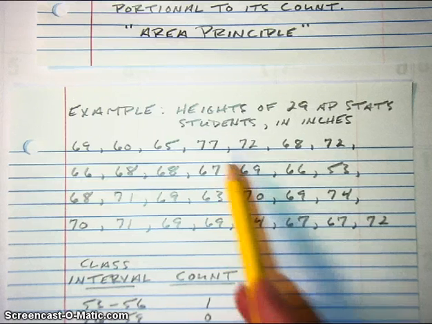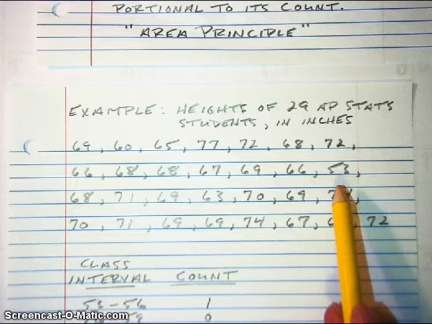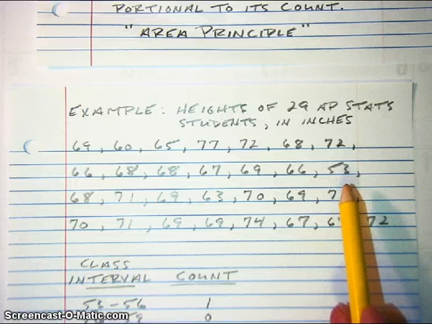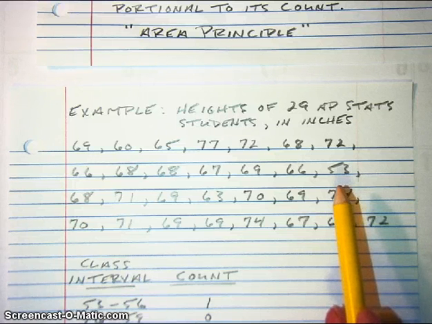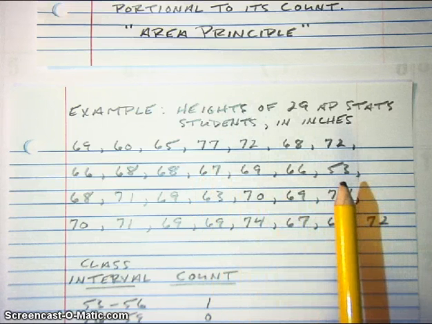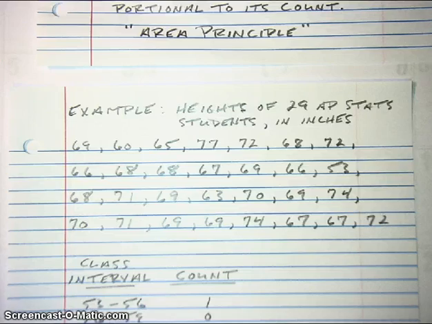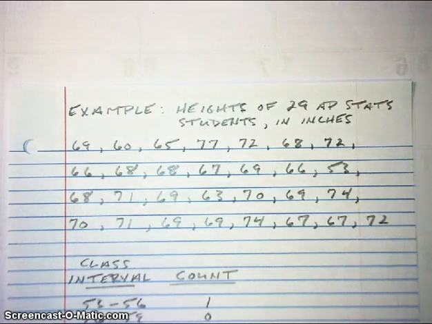There's a difference there of 24 units, 24 inches. And if I want to make maybe 8 class intervals or something like that, I could divide those 24 inches by about 8, and then I'd get intervals that are roughly 3 inches wide. That's basically what I did.